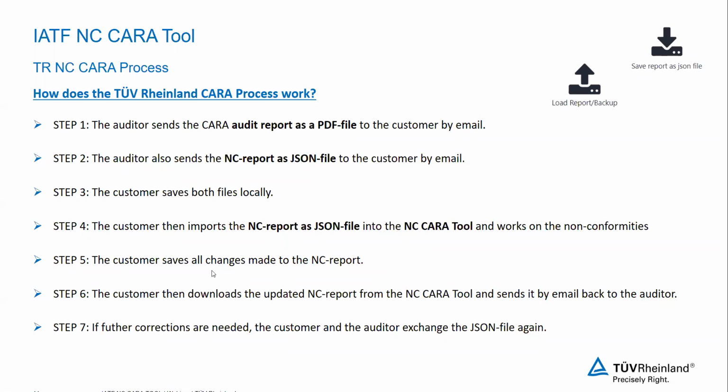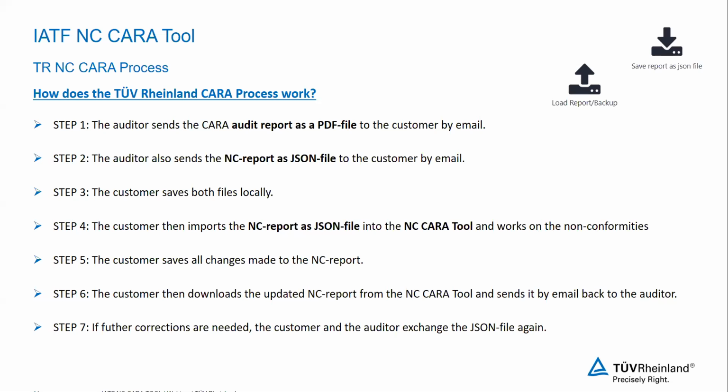What you then need to do is to save all the changes you've made by filling in your non-conformity report and to save this NC JSON file locally again on your computer. Then within the CARA application, the updated NC report has to be downloaded, and this report you will just send back by email to your auditor.